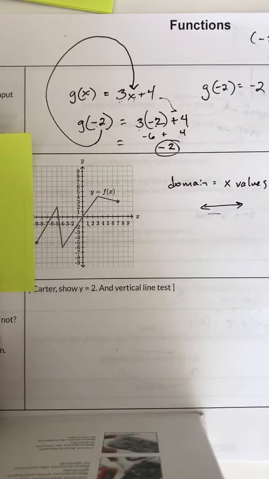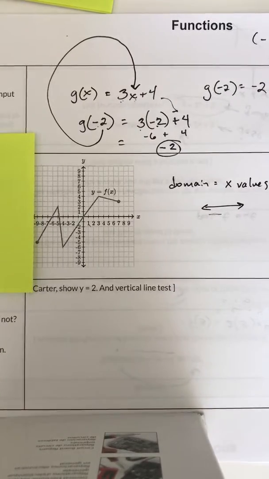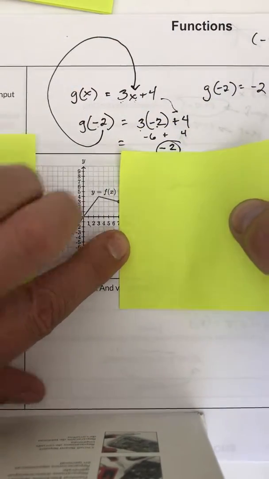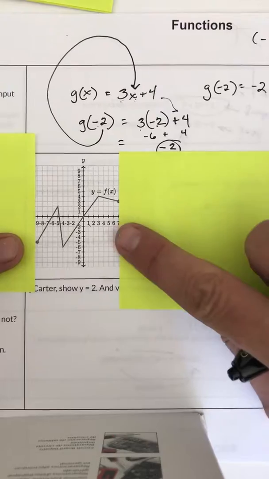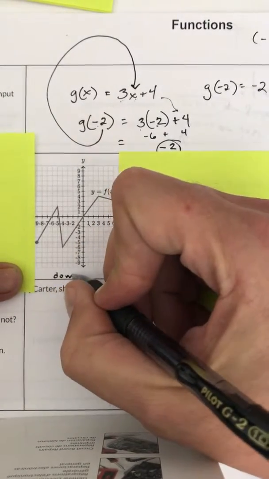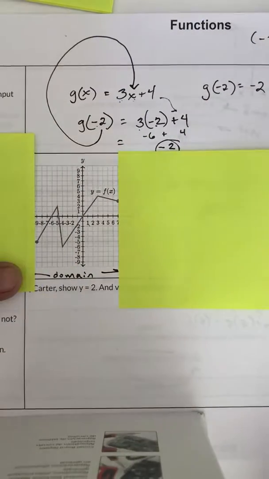Do you see how it ends right here? And then also right here. So this distance between the two post-its, this is the domain from here to here.